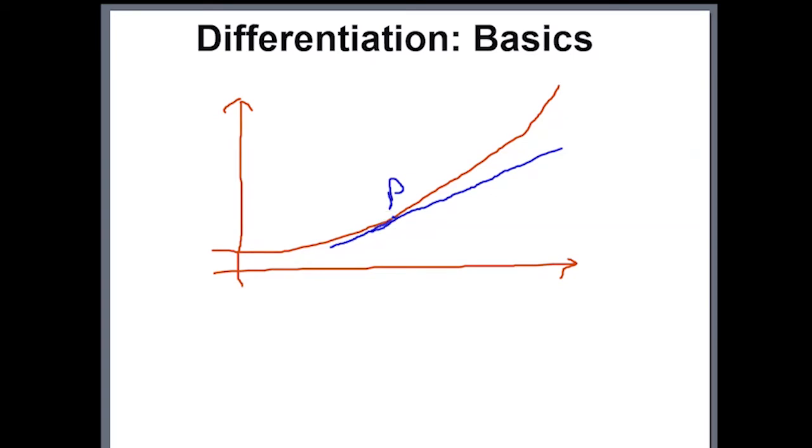Let's call this other point Q. The same way, if we want to evaluate our dy dx, point P where it stops here, Q here, that's our dy dx.